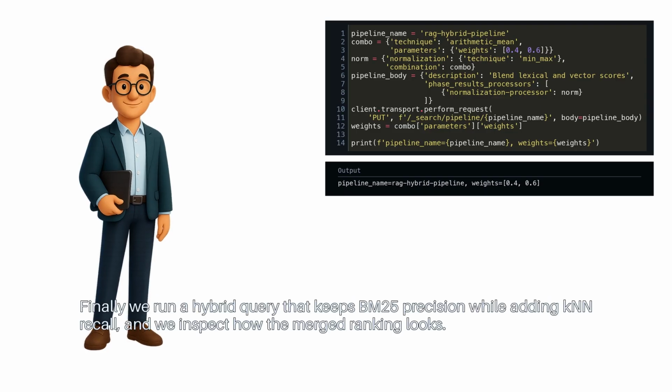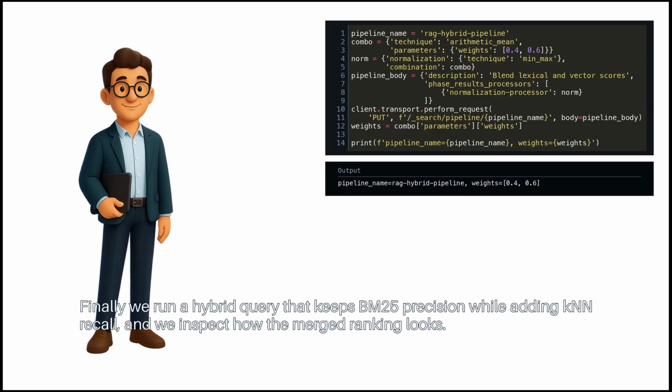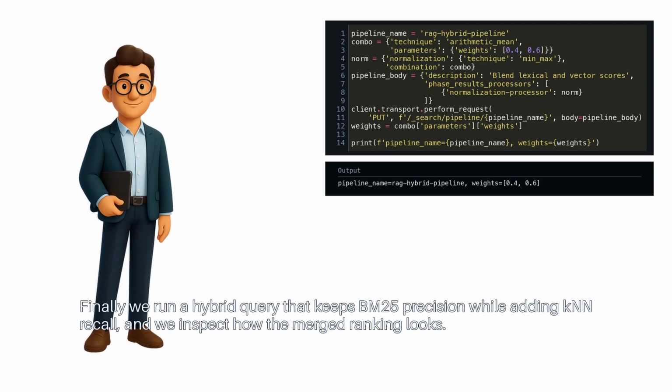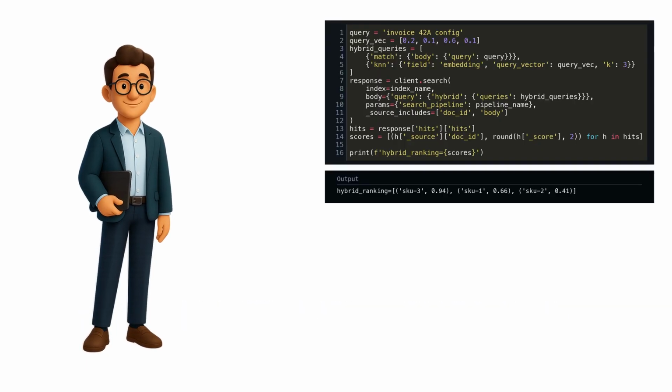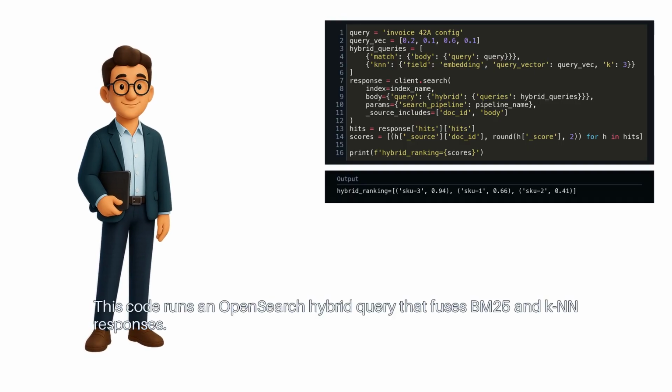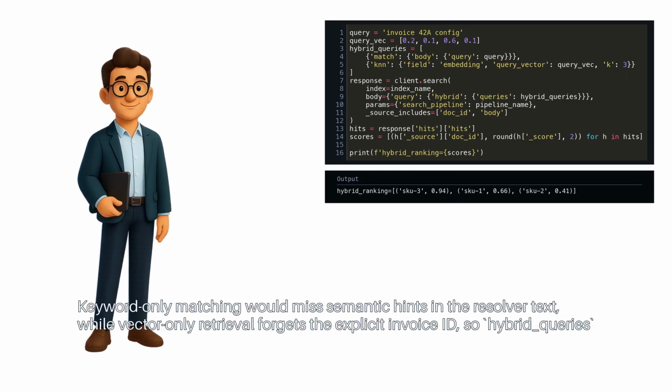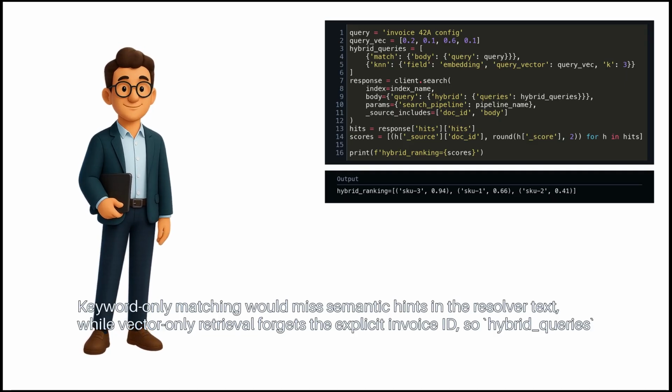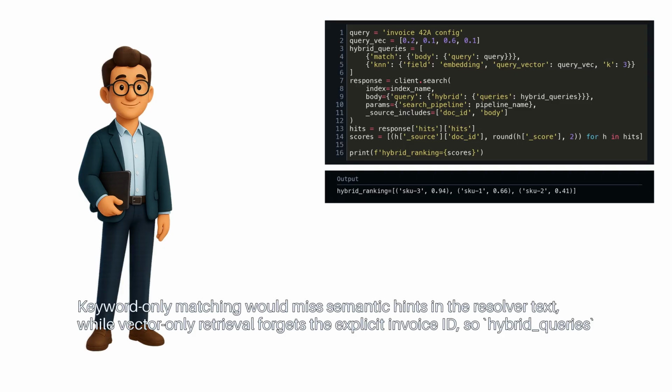Finally, we run a hybrid query that keeps BM25 precision while adding KNN recall, and we inspect how the merged ranking looks. This code runs an OpenSearch hybrid query that fuses BM25 and KNN responses. Keyword-only matching would miss semantic hints in the resolver text, while vector-only retrieval forgets the explicit invoice ID.